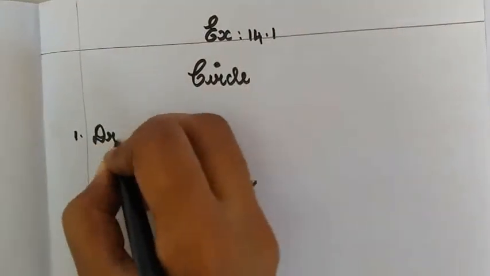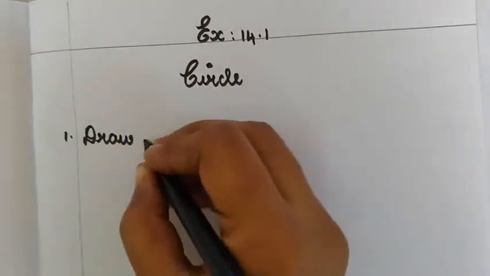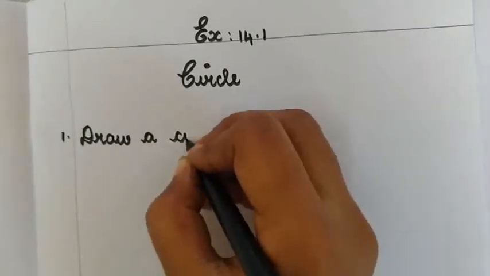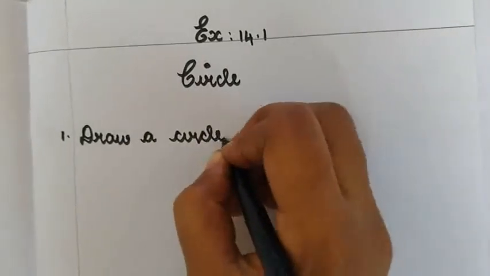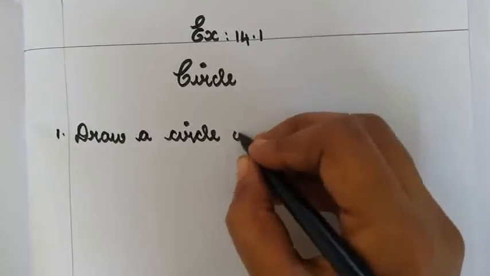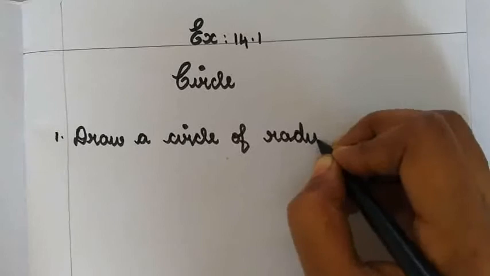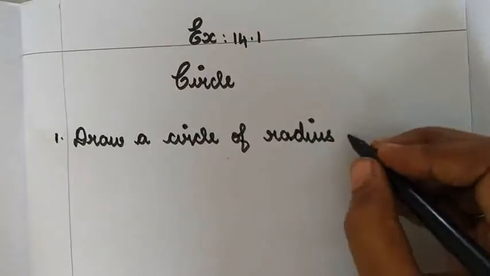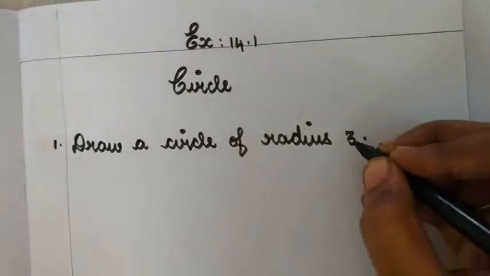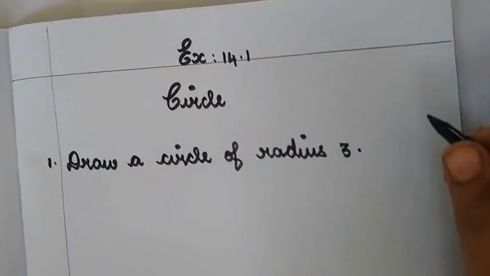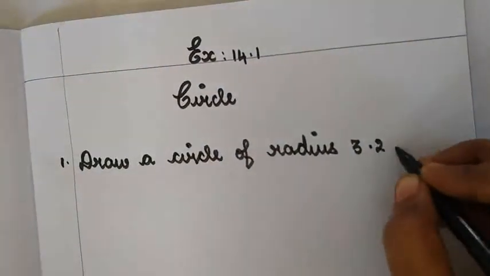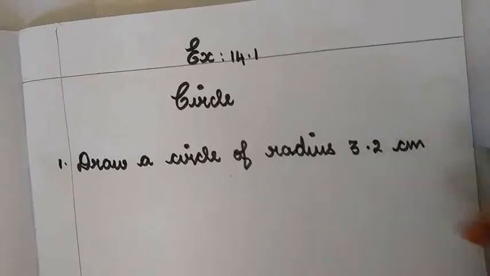Write the first question using black pen. Draw a circle of radius 3.2 centimeter.